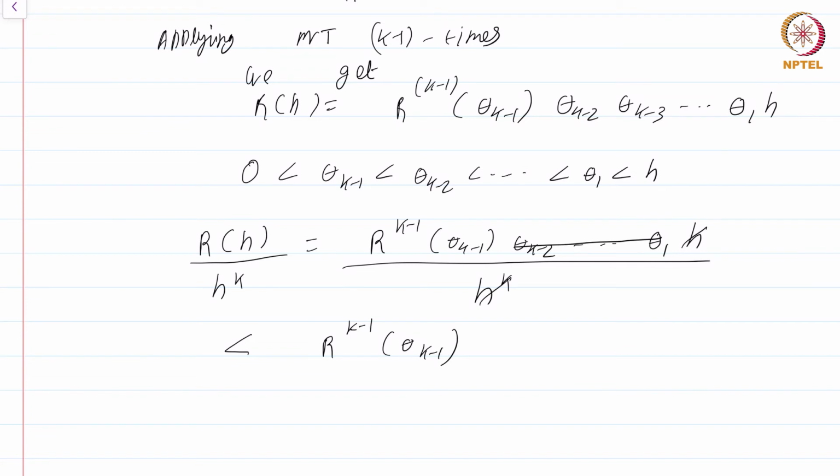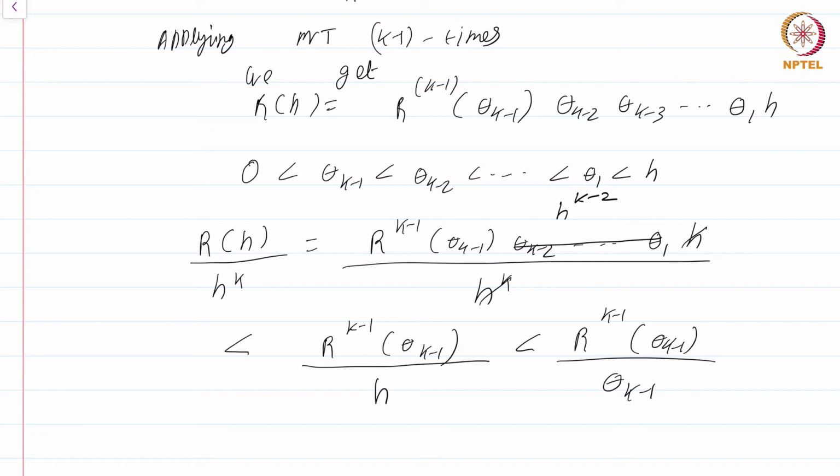So I'm going to replace these essentially by h to the k minus 2 and cancel it off. So this is strictly less than r k minus 1 of theta k minus 1 by h. Okay. Now what I am going to do is I am going to be clever. The denominator I am going to replace by a smaller quantity and write this is less than r k minus 1 of theta k minus 1 divided by theta k minus 1. Right? Which I can do.